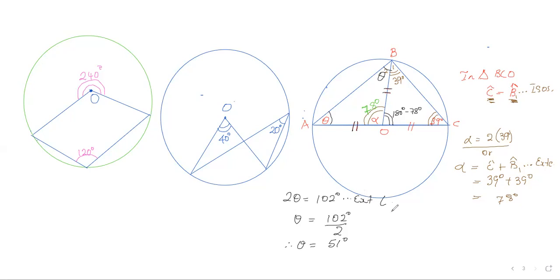One route. The other route, I can use the sum of the angles of a triangle. I can say angle A plus B1 plus B2 plus alpha equal to 180. Reason: angles of a triangle. I know what alpha is.